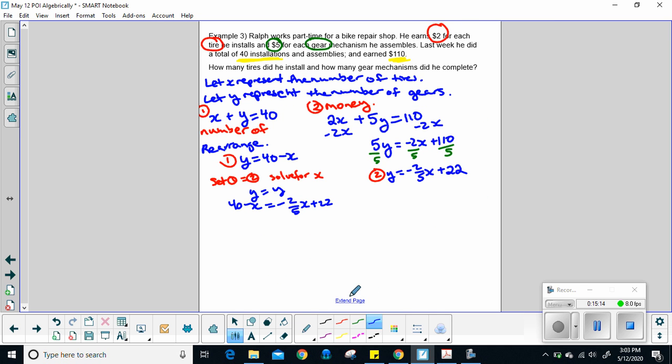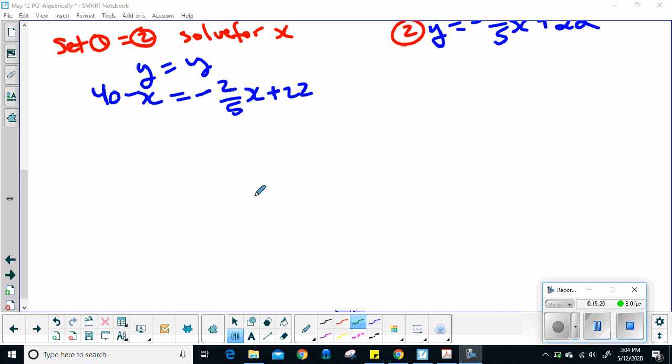Okay? So, boy, we've got lots of things going on in here. Hang on, let me change. All right, so let's get our x's together. Let's get our 40 out of the way. So let's minus 40 from both sides. So that leaves me with negative x equals negative 2 over 5x minus 18.